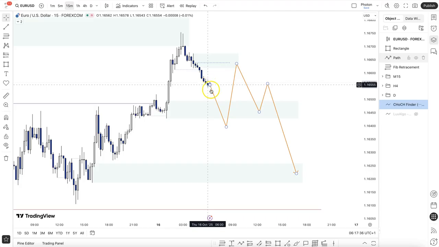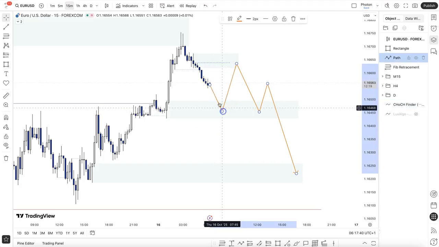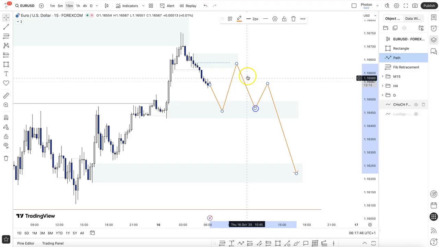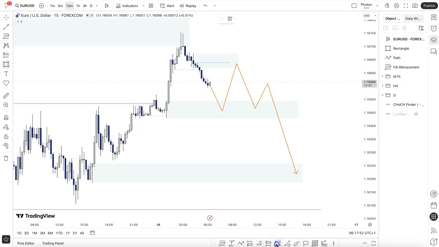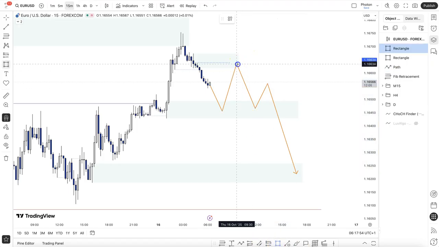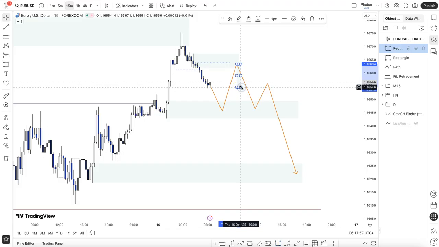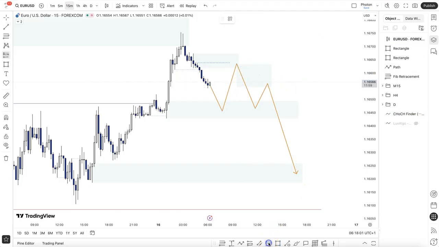We will probably see a bounce from here, and price comes in here, bounces, and then it continues further down. So I would be looking at probably some kind of a supply zone here, or maybe here, to play the shorts.